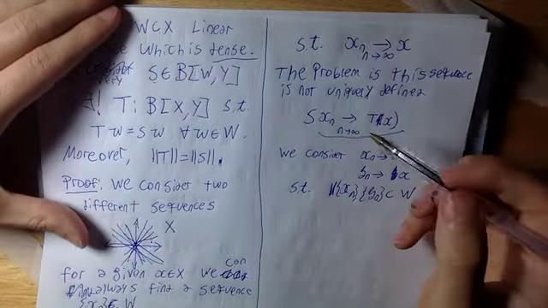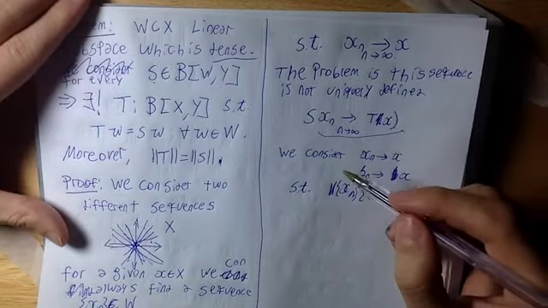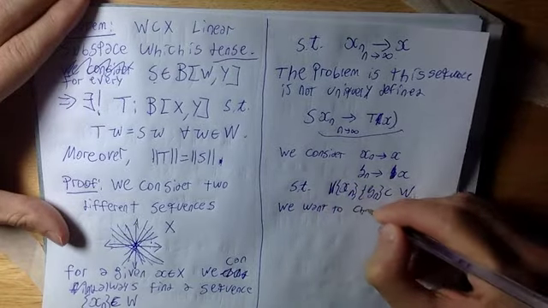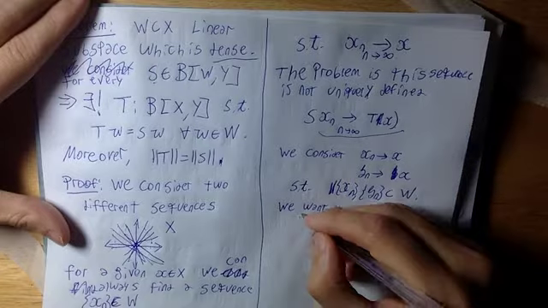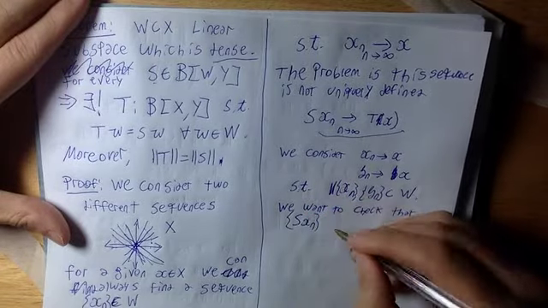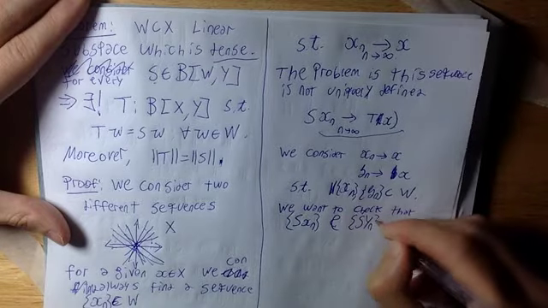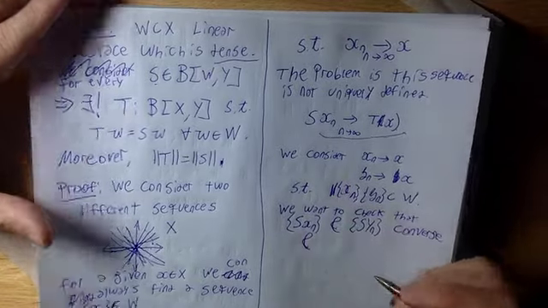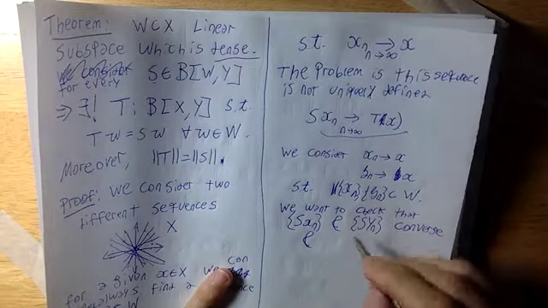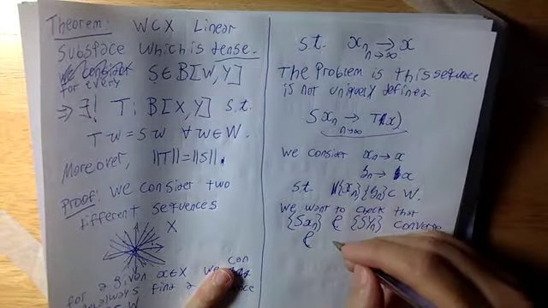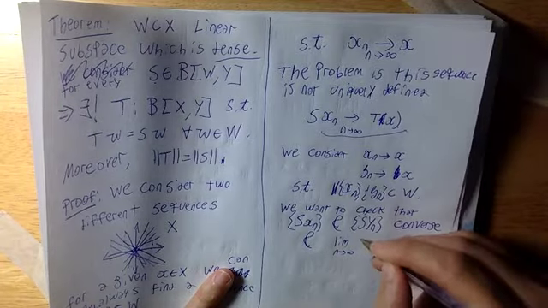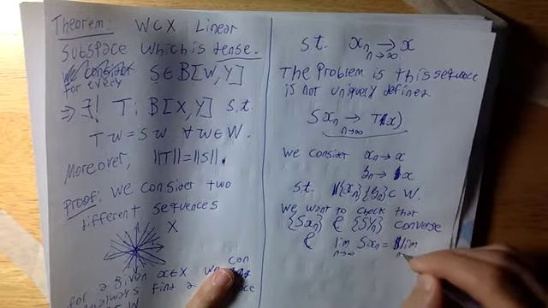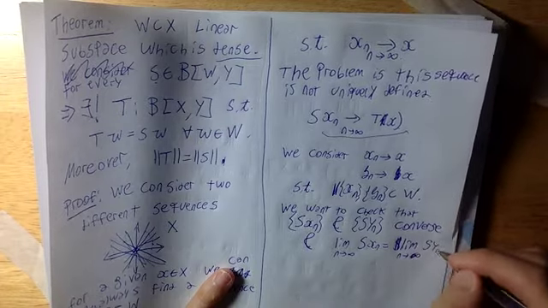So in particular, we want to check that Sxn and Syn converge, and that the limit when n goes to infinity of Sxn is equal to the limit when n goes to infinity of Syn.